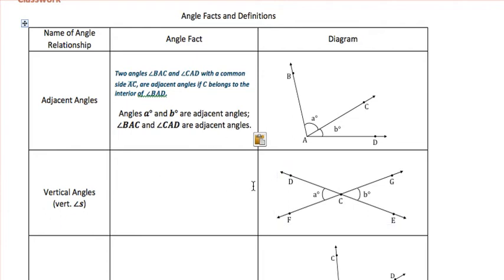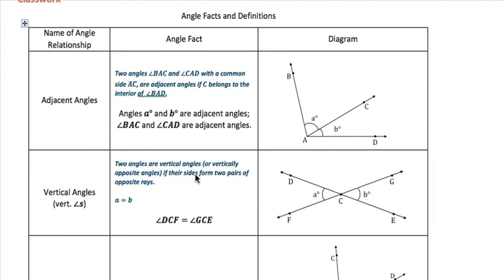Vertical angles, the next type of angle we have, are very interesting. Two angles are vertical angles, or vertically opposite, that's what it means, if their sides form two pairs of opposite rays.